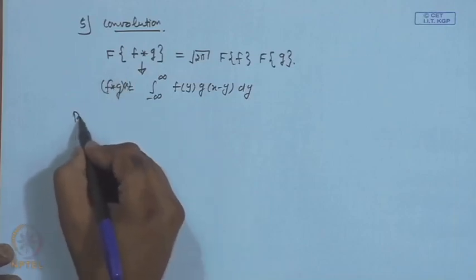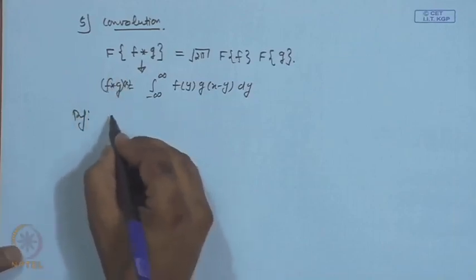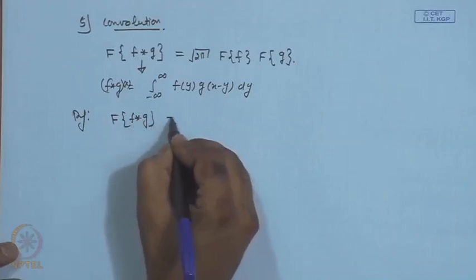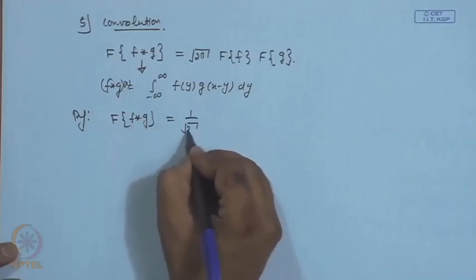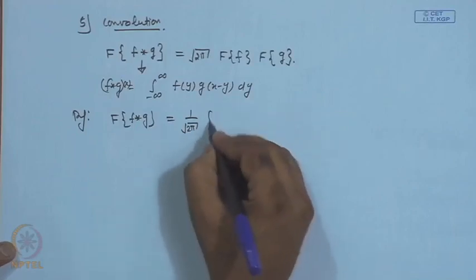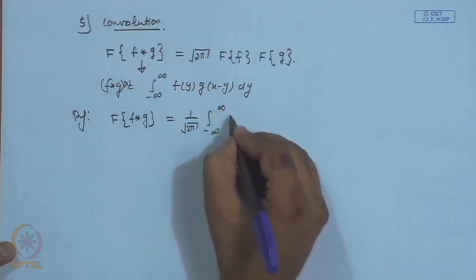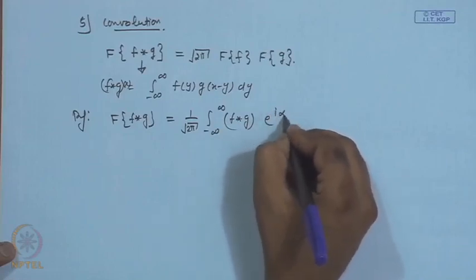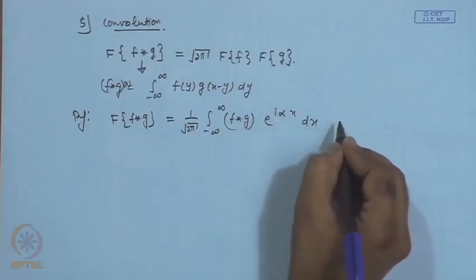So, now we go for the proof of this. The Fourier transform of this convolution f star g, by the definition, is 1 over square root 2 pi, integral from minus infinity to plus infinity of (f star g) e^{iαx} dx.